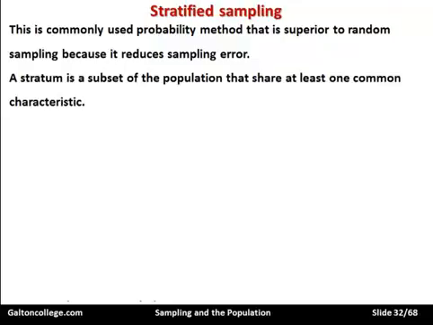A stratum is a subset of the population that shares at least one common characteristic. So in stratified sampling, a stratum is the basis for selection.